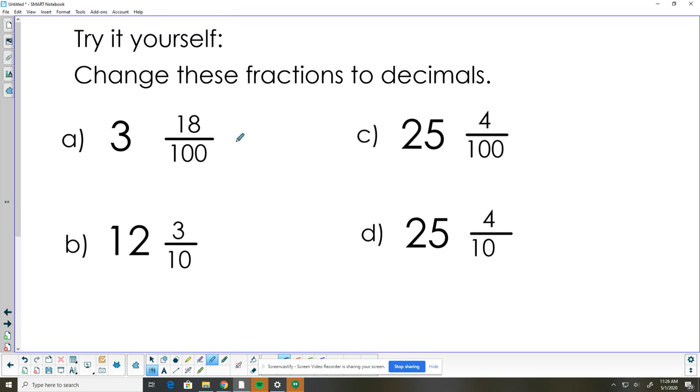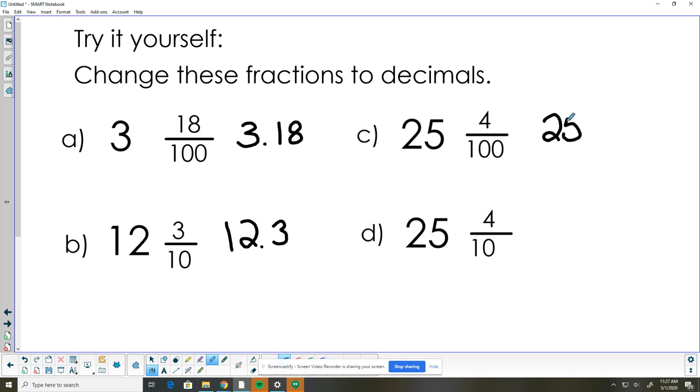If I'm given the mixed fraction and asked to write it as a decimal, I have 3 and 18 hundredths. I have 12 and 3 tenths. 1 place value for tenths, 2 place values for hundredths. 25 and 4 hundredths.